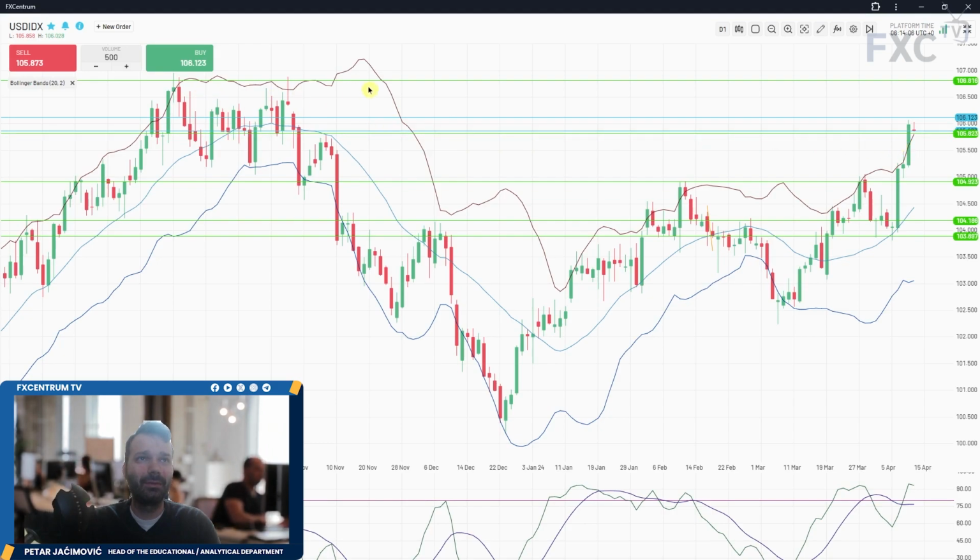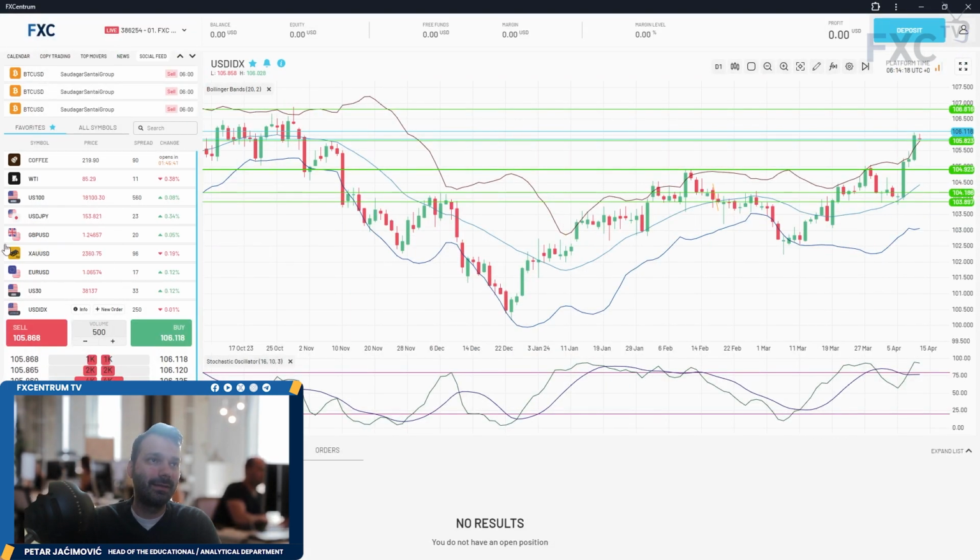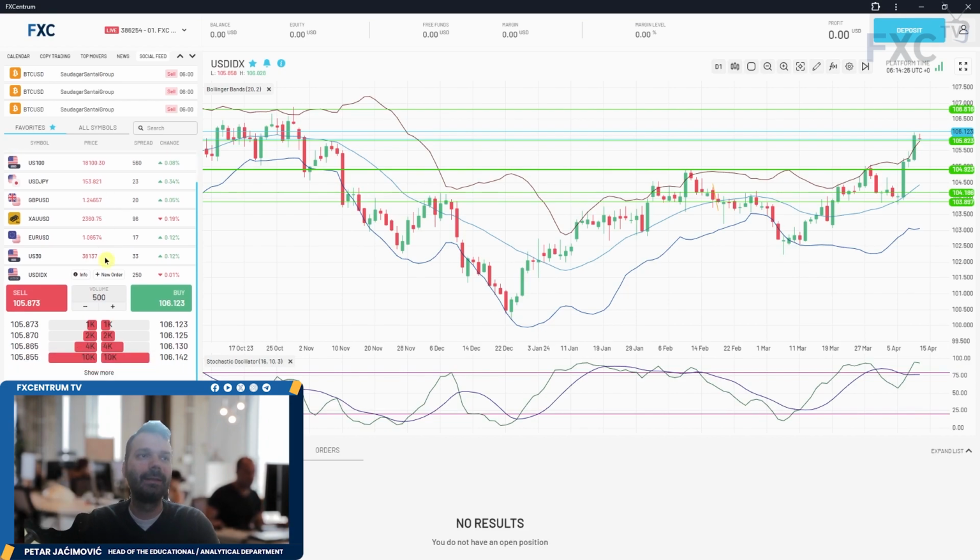The next pivot on the dollar index is all the way up at 106.81. If the dollar index goes towards 106.81, then you can assume the euro dollar will also continue lower, probably pound dollar too. Gold can also have a bigger reaction to the downside, and so on and so forth.